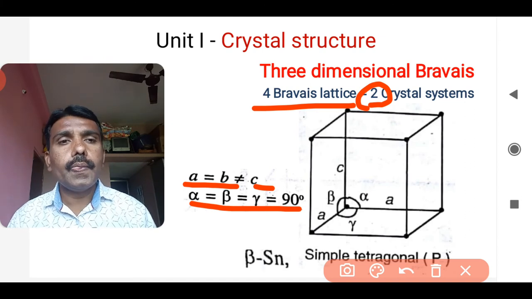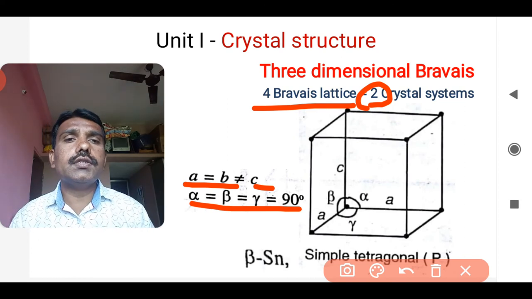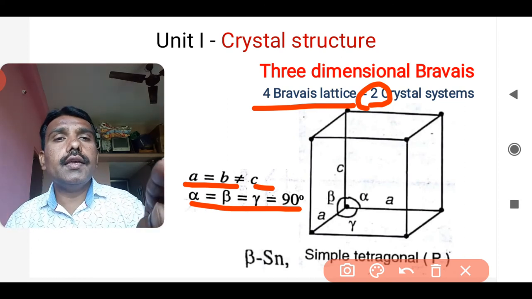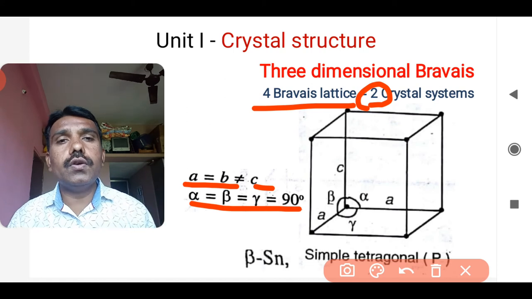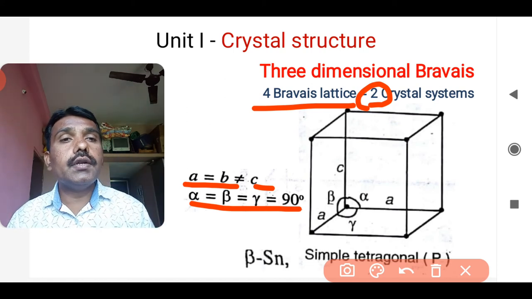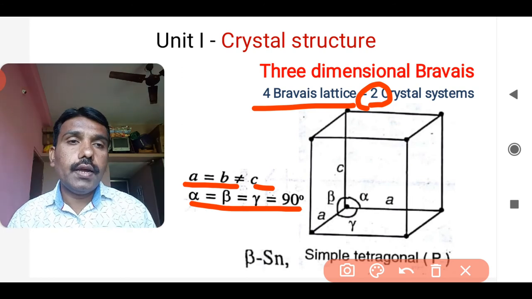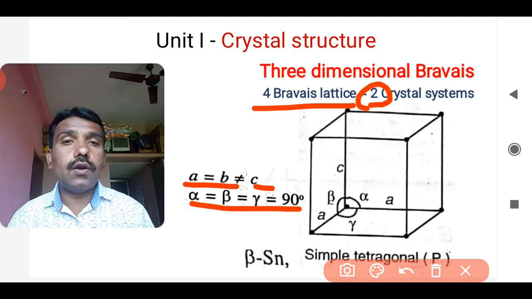These angles are similar; the only difference between the previous crystal system and this one is that a is equal to b but b is not equal to c. This is a simple difference, but this one difference creates a different crystal structure, and different crystal lattices are going to be formed.